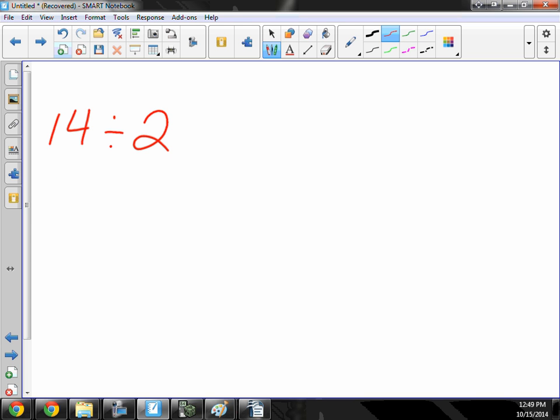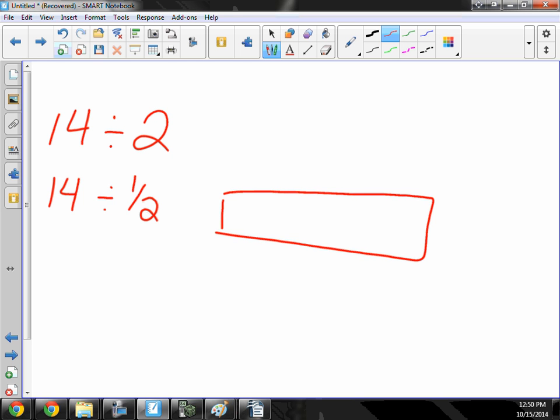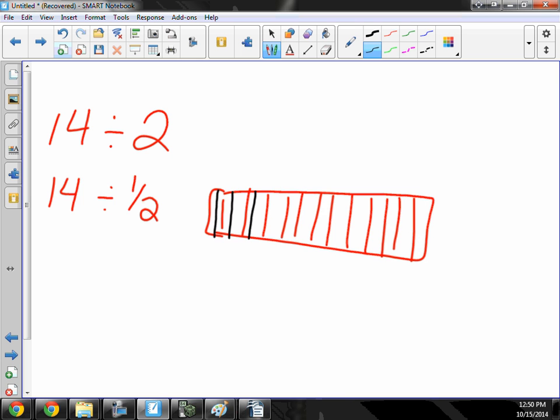But what if I did 14 divided by 1/2? If you took a 14-foot board and you cut it into 6-inch lengths, how many lengths would there be? 28. You have a board that's 14 feet long, and you cut that board into 6-inch lengths.